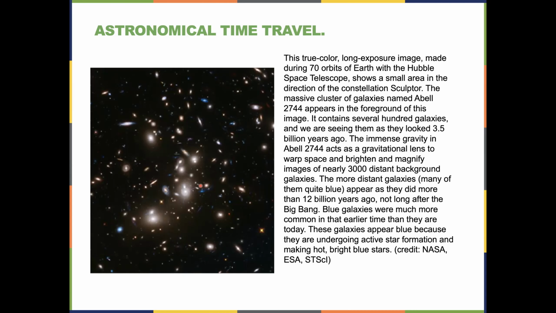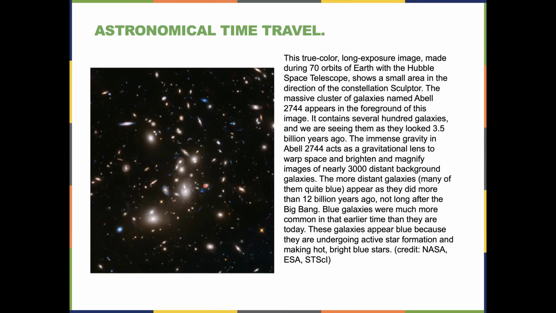And it also makes sense that they are blue galaxies, because when we say that those galaxies are 12 billion years away from us, that is not so long after the Big Bang, right? The Big Bang is the established theory that we will be talking about, of how the universe began, right? And we believe that happened around 13.6 or 7 billion years ago.